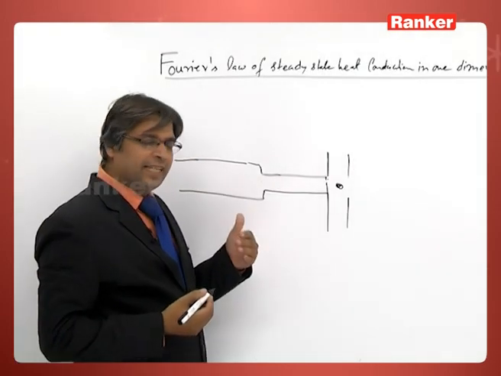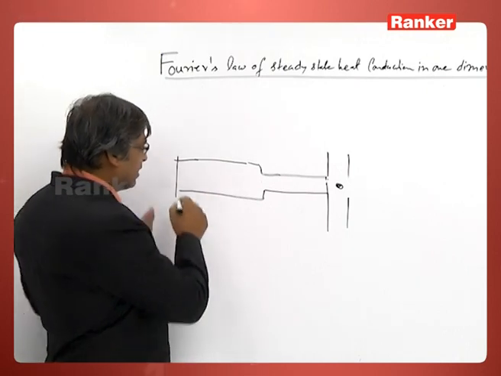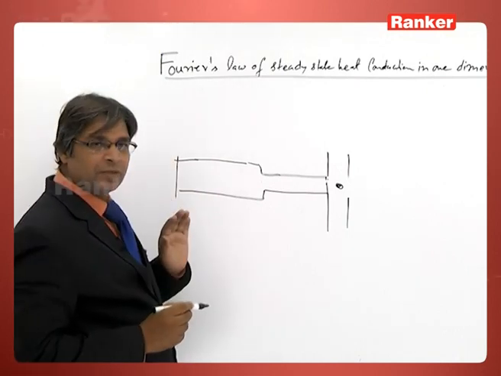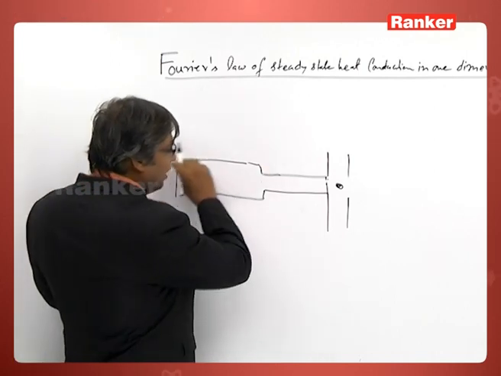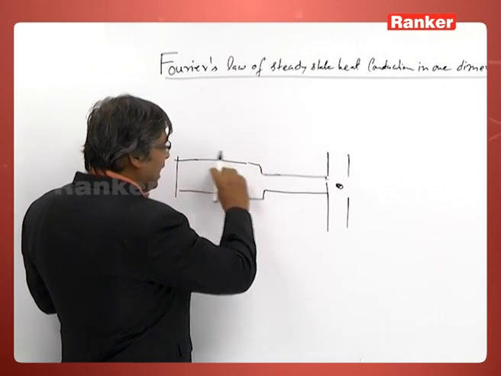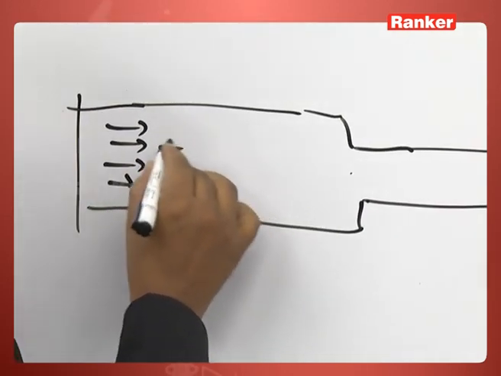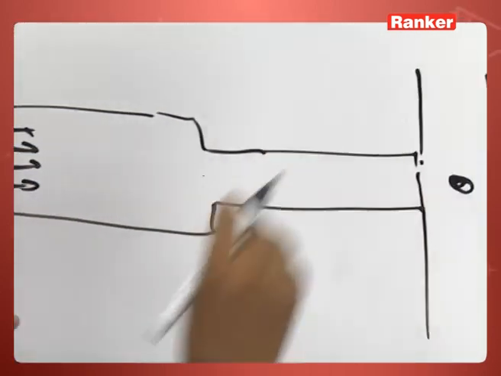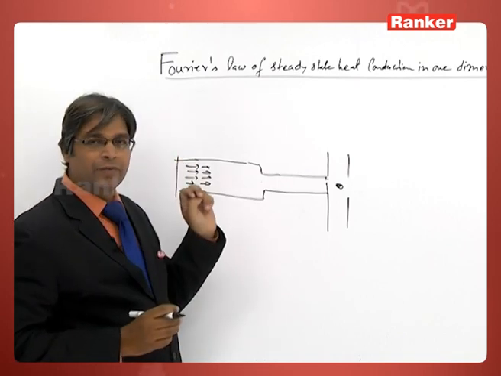Initially suppose there is a red signal here. When this signal is green, the traffic will immediately move, and initially there will be more traffic here, and suppose here there is no traffic.